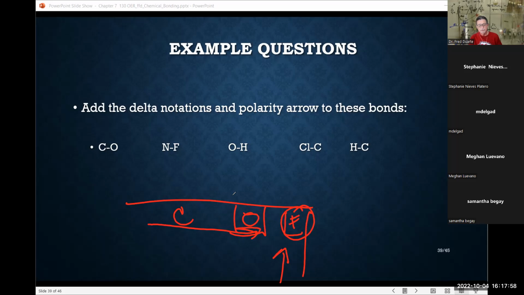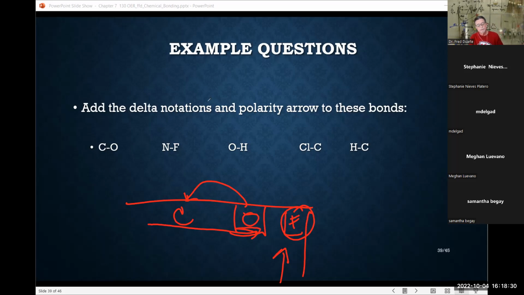So compared to carbon, oxygen is a lot more electronegative. So in the bond between carbon and oxygen, oxygen will pull the electron density toward itself, increasing the electron density around the oxygen and decreasing it around carbon, which then gives a partial negative on the oxygen and a partial positive on the carbon, okay?